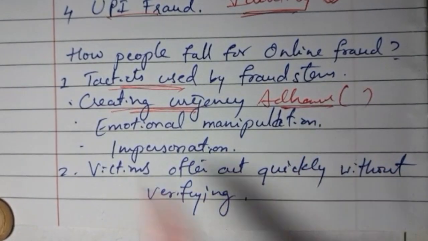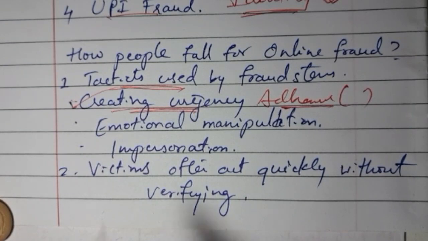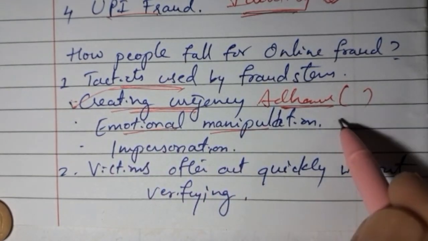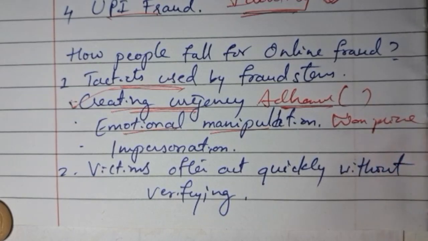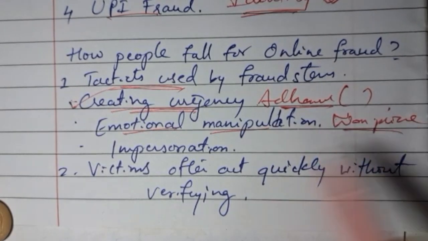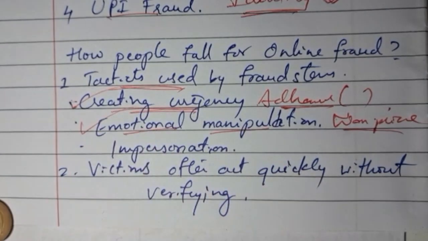They will also manipulate you with your emotions, for example they will say that you have won a prize, and this is something anyone can be manipulated by very easily.